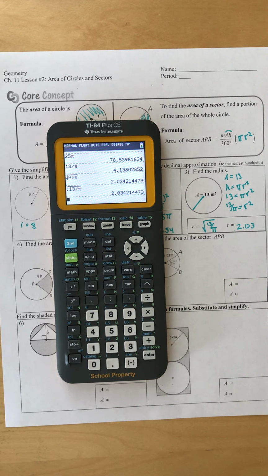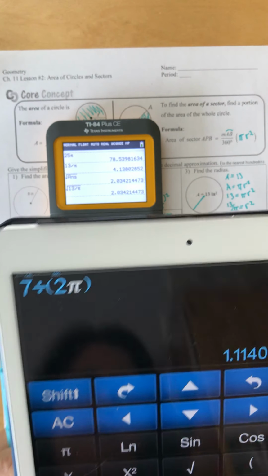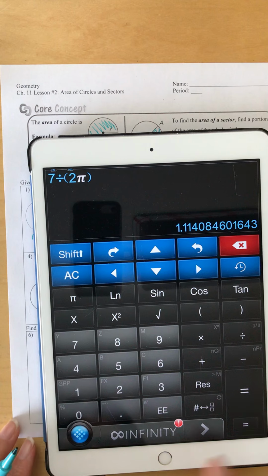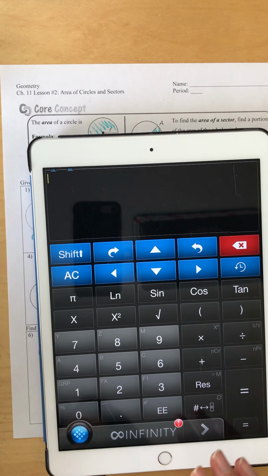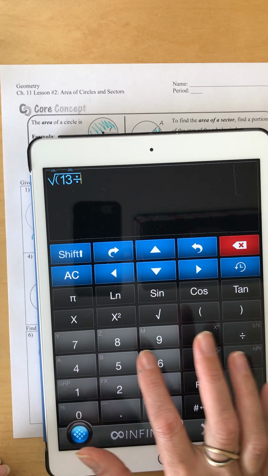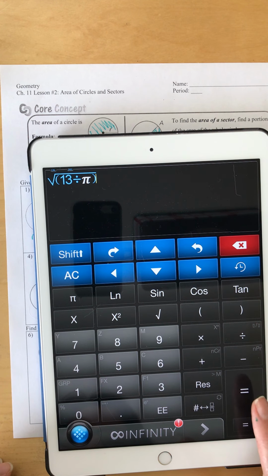On this calculator that I showed you in a previous lesson, it would be the square root, and then I would do a parenthesis 13 divided by pi parenthesis, just to make sure you've got it in there.